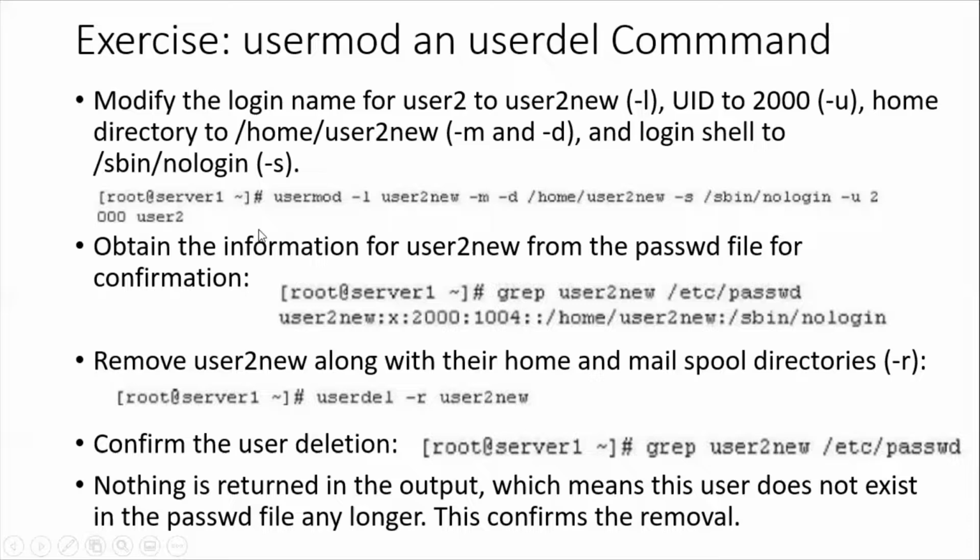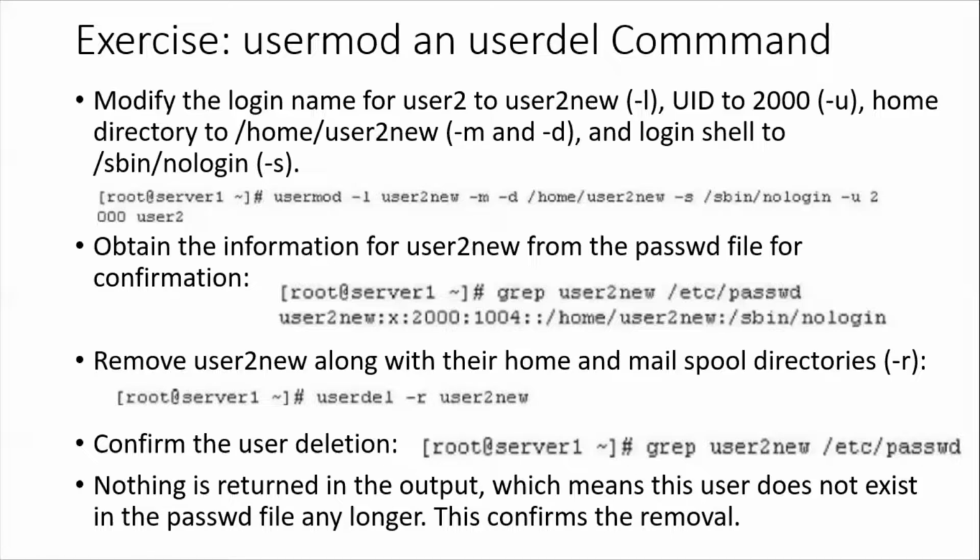Once we do this, we again grep the passwd file and we can see the username has been changed, and you can see here that the UID has been changed, but the group ID is still the same as in the previous exercise. And similarly, the home directory and login shell have also been changed. So this is the usermod example.